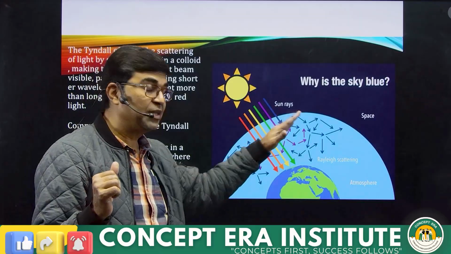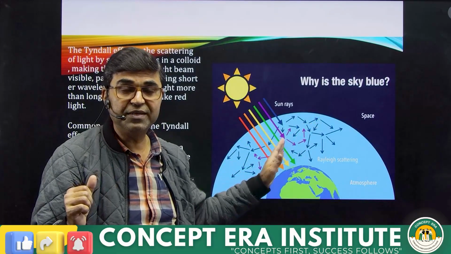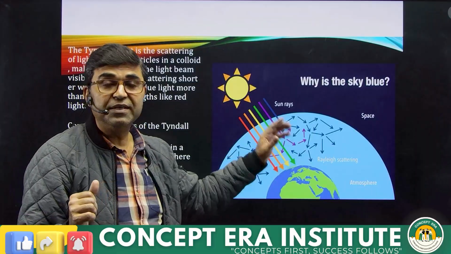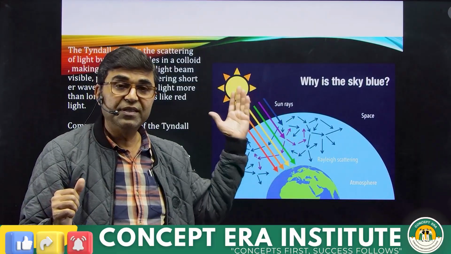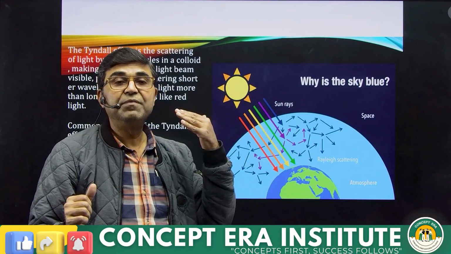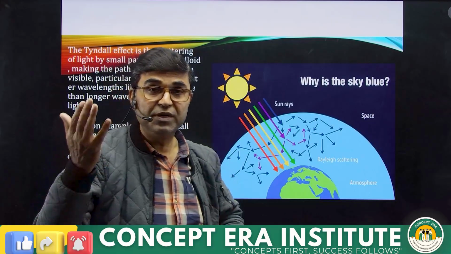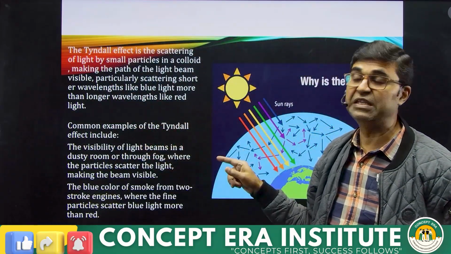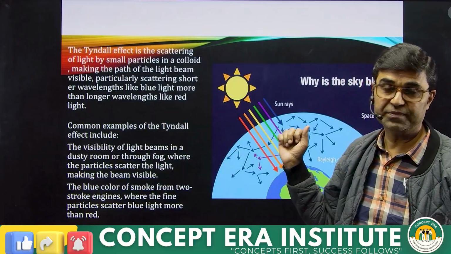Those wavelengths of light get scattered, and the longer wavelengths, yellow, orange, red, and some portions of green, are able to reach our eyes. We are able to perceive those colors.